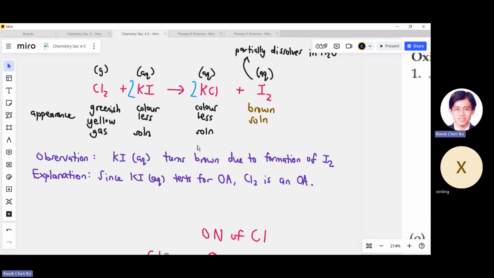I think I said it a few times, but I'll repeat. Please remember these two, KMnO4 and KI. High chance they're coming up, both of them, even for your practical.